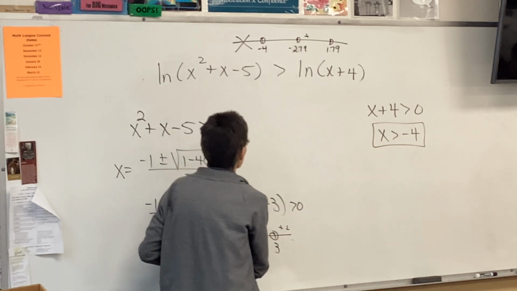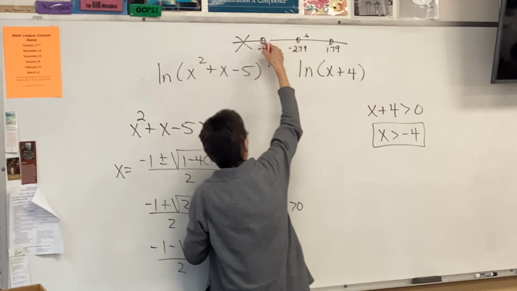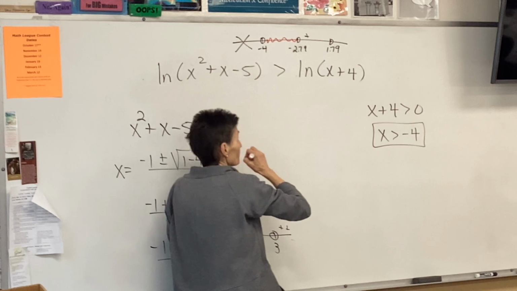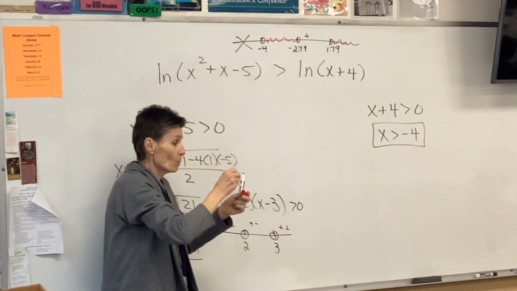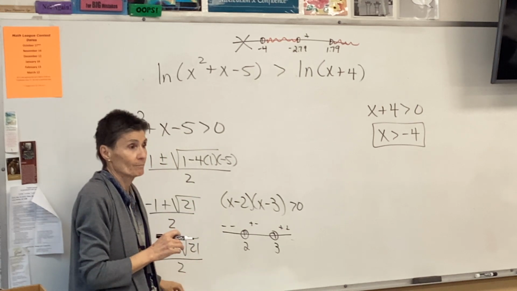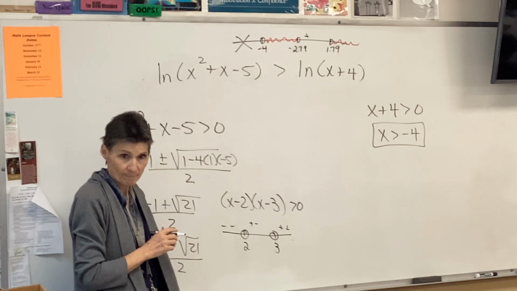So my shading is going to be over here, but remember I gotta stop here, so it's gonna be there or here. So far, those are my acceptable answers. I haven't even solved the problem yet, but that's so far. Are you with me?